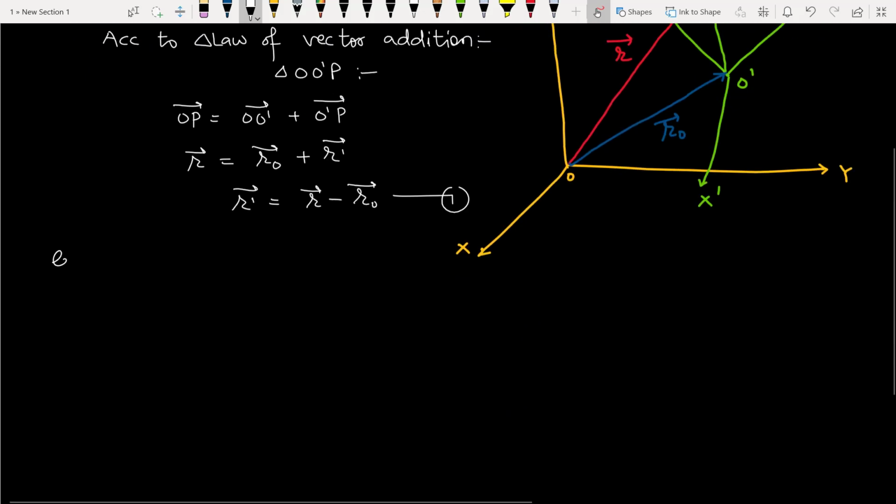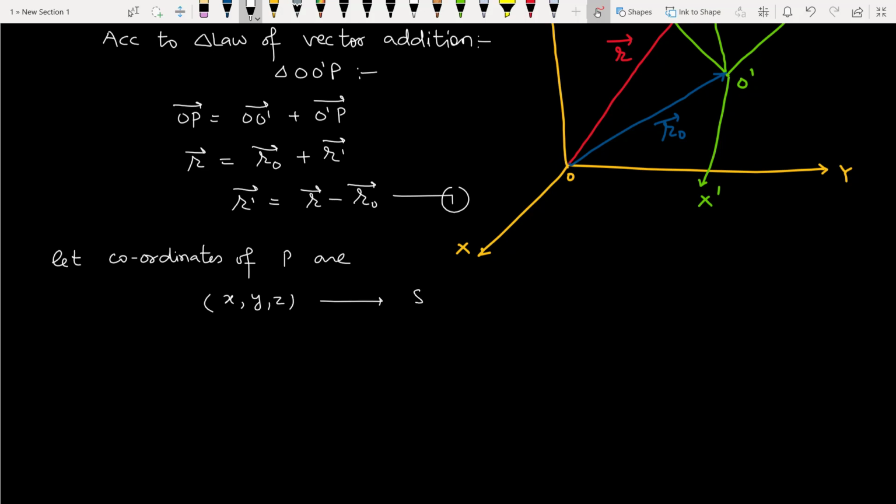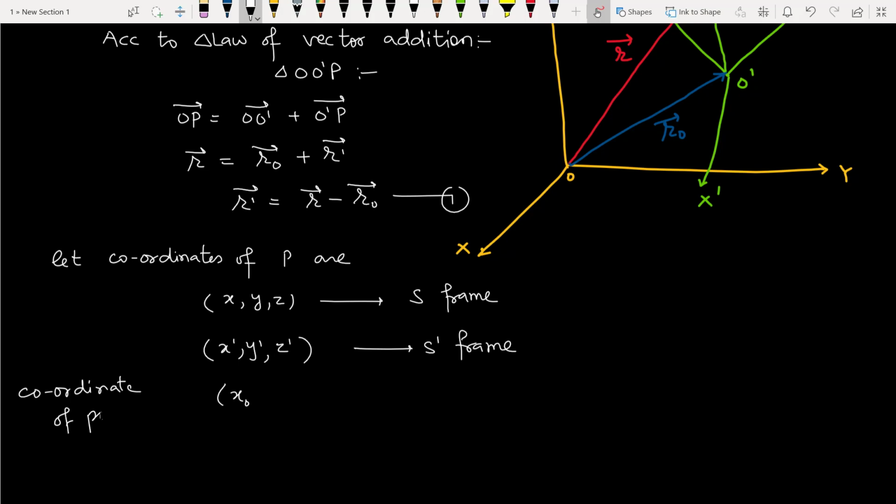Let the coordinates of point P be x, y, z in S frame of reference, x dash, y dash, z dash in S dash frame of reference, and coordinates of point O dash be x naught, y naught, z naught.